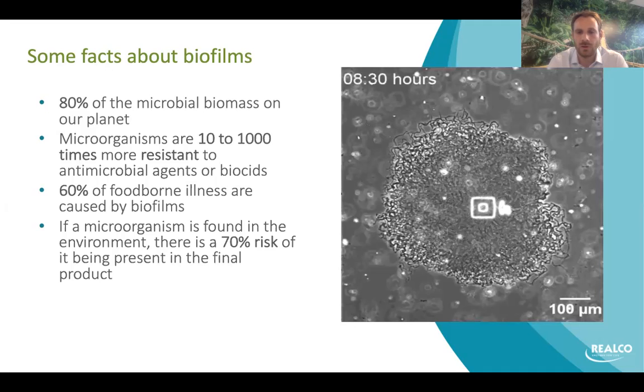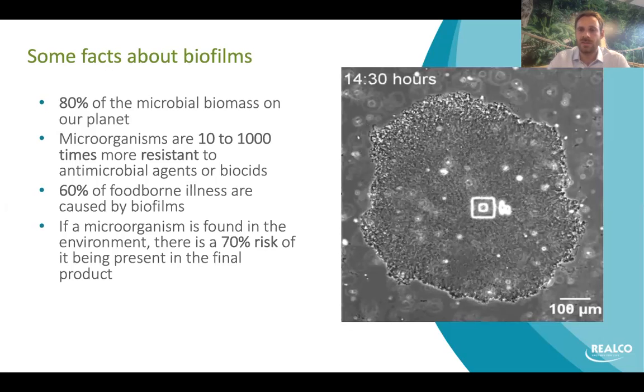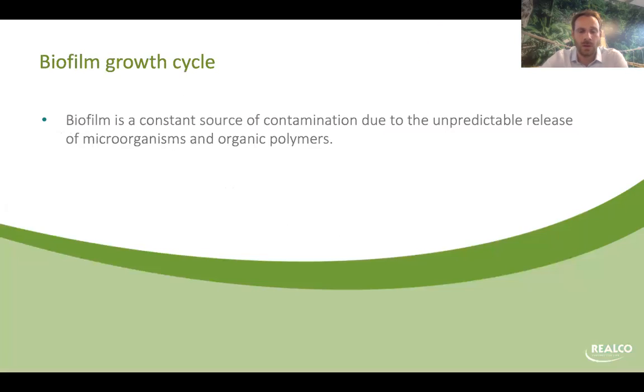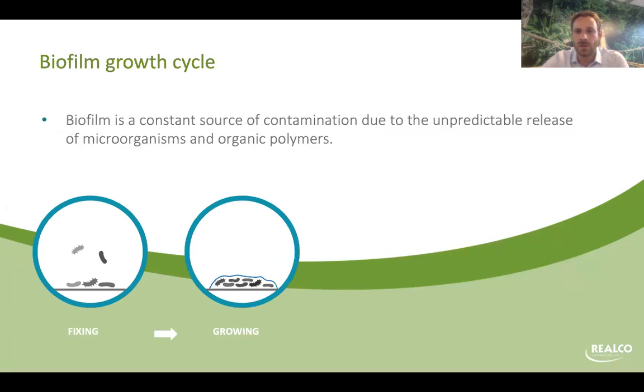Again, it's just logical, because if you are able to find planktonic bacteria, and you will see in the development of the biofilm on the next slide, when you have bacteria reaching a surface and they have the opportunity to fix themselves and stay there, they are going to generate the matrix of the biofilm, the EPS matrix.